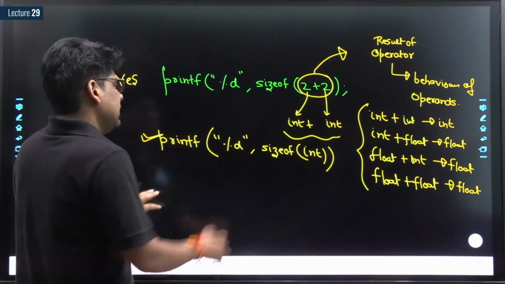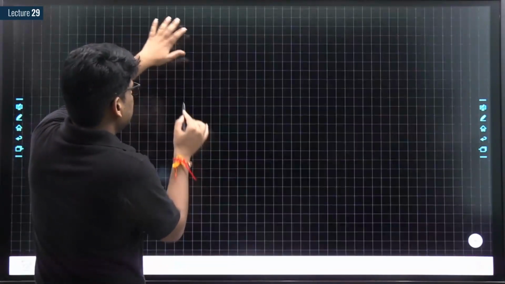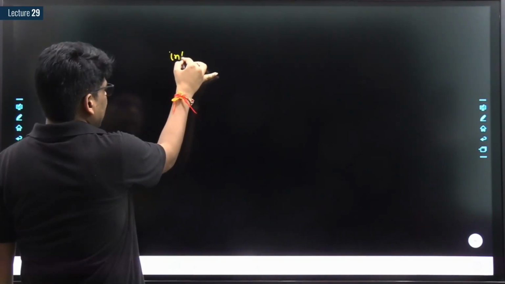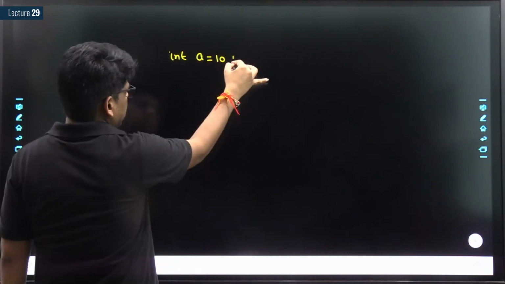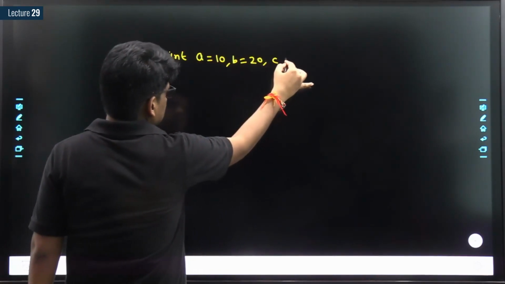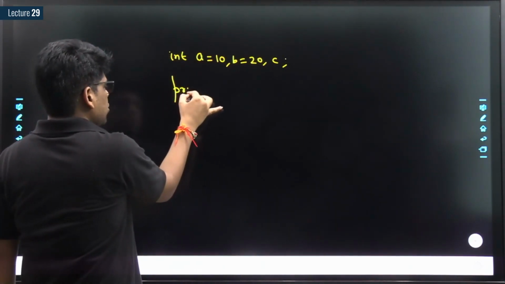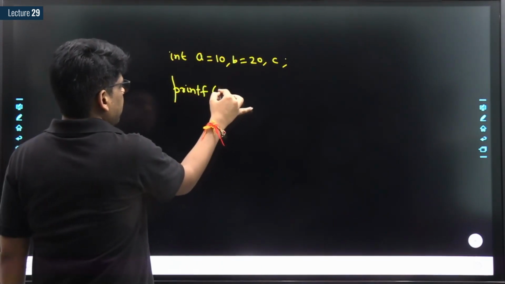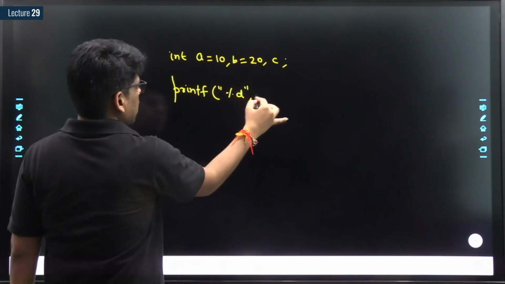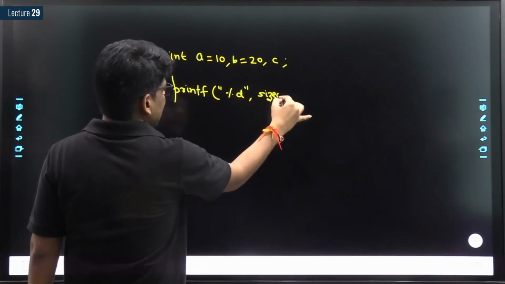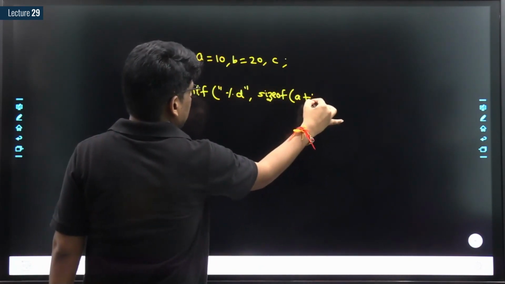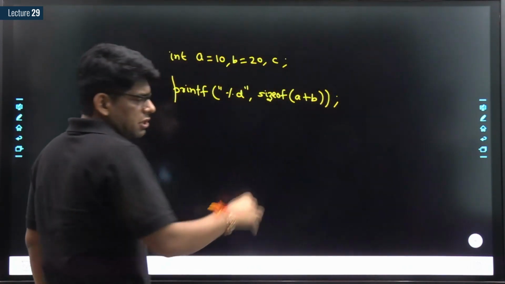Sir, if this is okay, that means something like this is also okay. Int a is equal to 10, b is equal to 20, c, let us suppose I ask you printf %d, sizeof a plus b. Yes, sir. Of course it is okay.